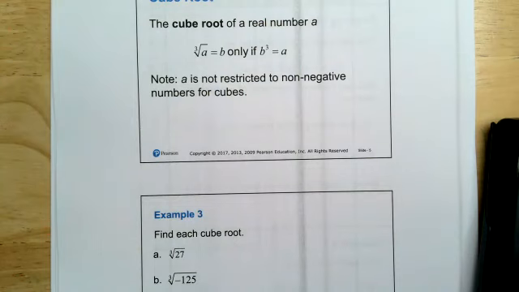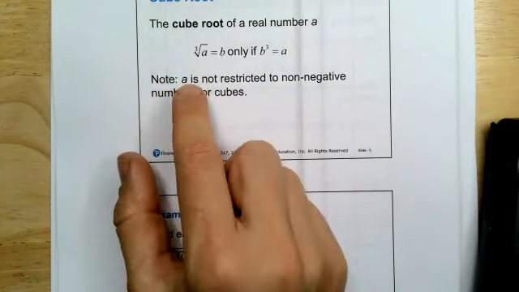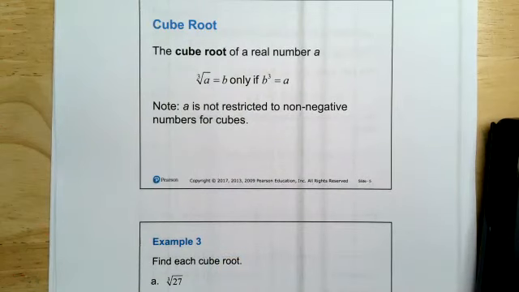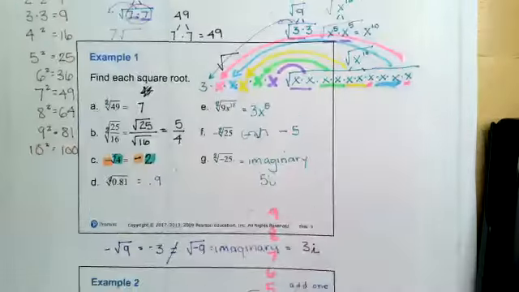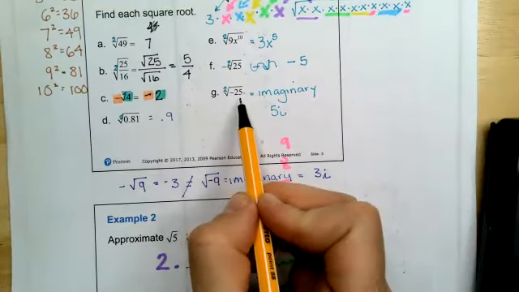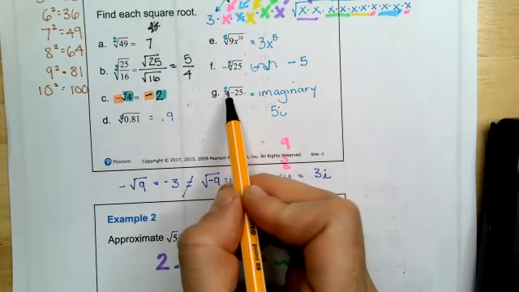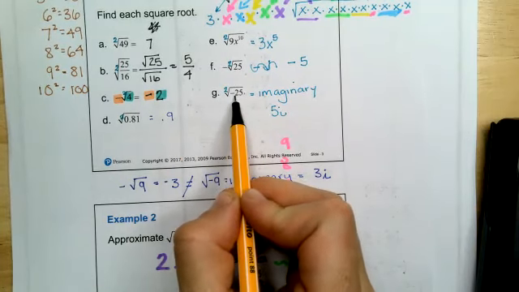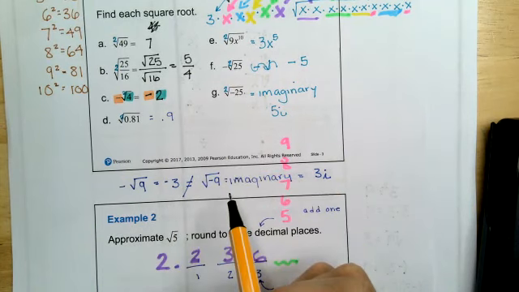All right, then we go on to cube roots. The cube root means there's a 3 here instead of a 2. When you see a cube root of a number, you're asking what number can you multiply by itself 3 times to get this number, or what can you raise to the 3rd power? It is similar to square root rules, except the even radical of a negative number is always imaginary.